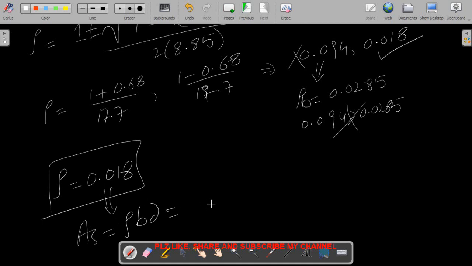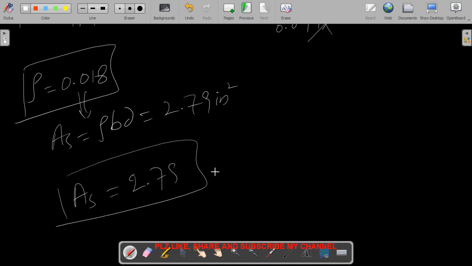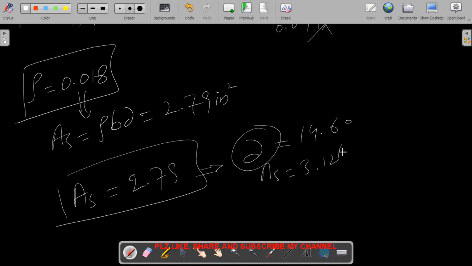Area of steel this time is 2.79 square inches. This is the way that if you change your effective depth, as you can see we changed the effective depth, because first time for D equals 14.60, my area of steel is 3.12 square inches.